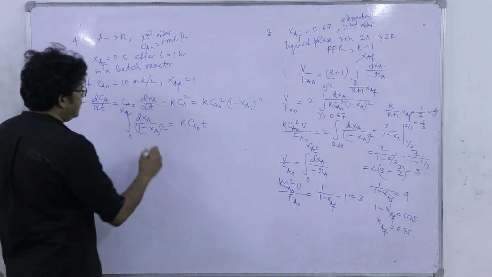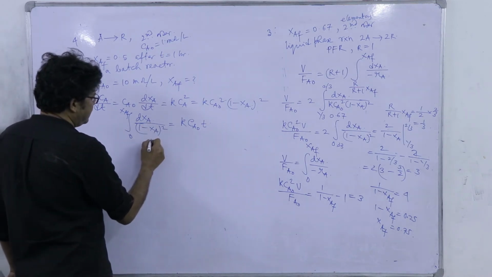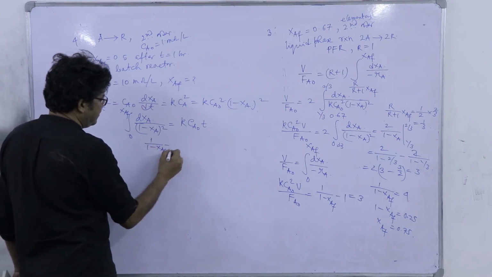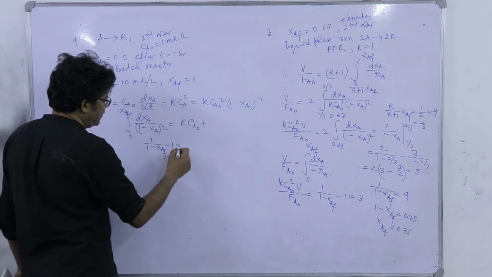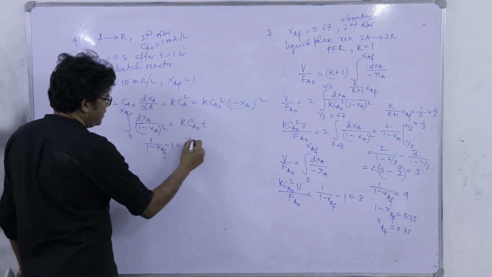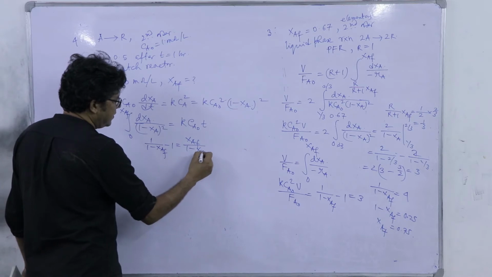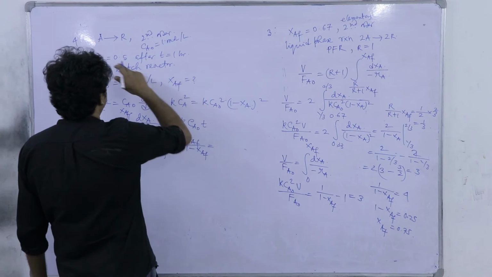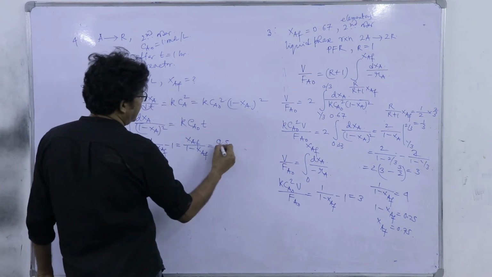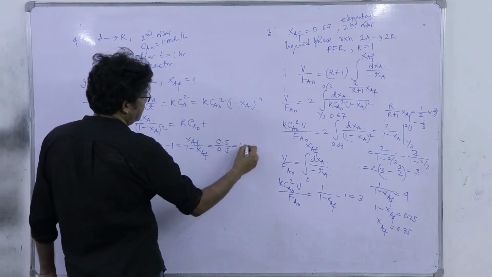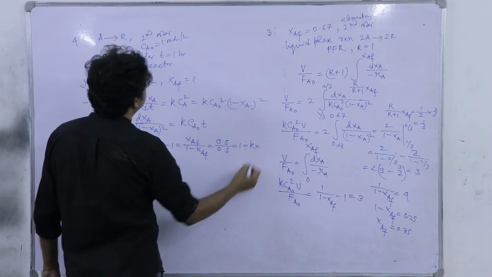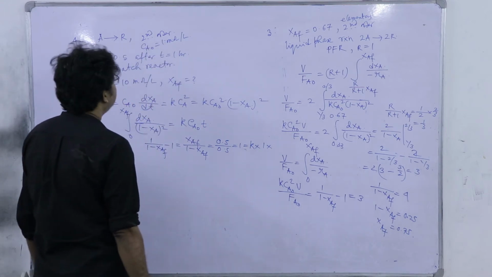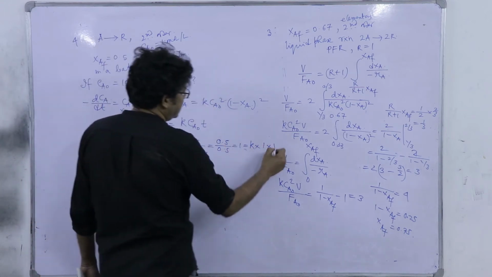Right. So, we have 1 divided by 1 minus XAf minus 1, which is XAf divided by 1 minus XAf. That is equal to, with conversion 0.5, 0.5 divided by 0.5, which is 1, equal to K into Ca naught, 1 mole, and T, which is 1 hour, right.